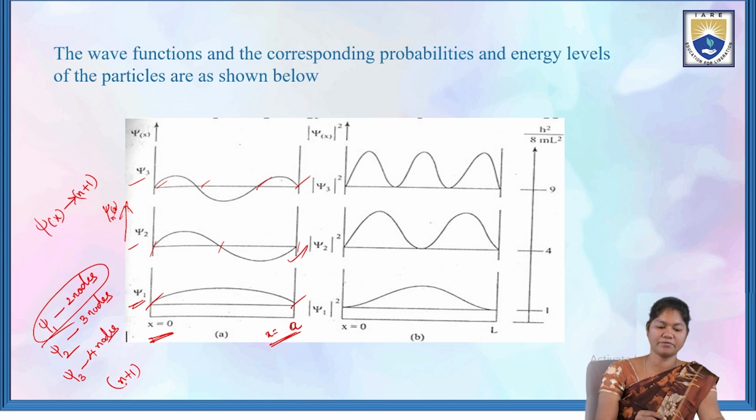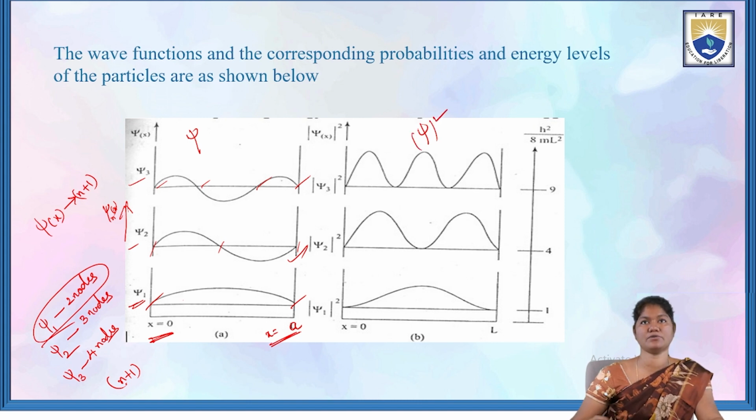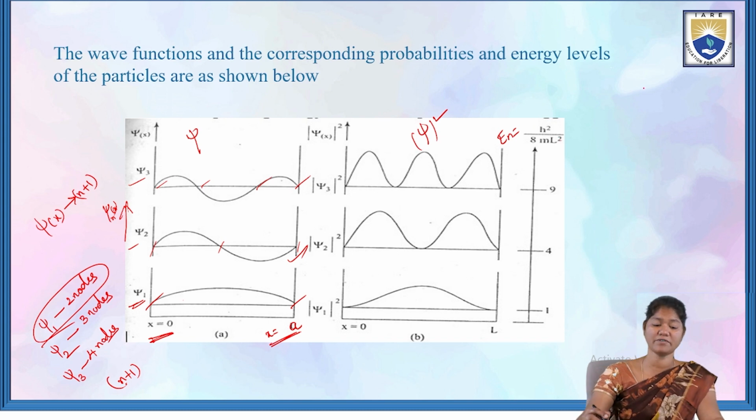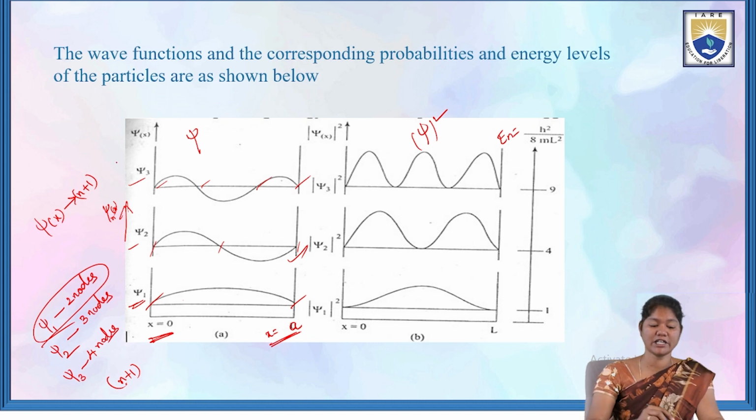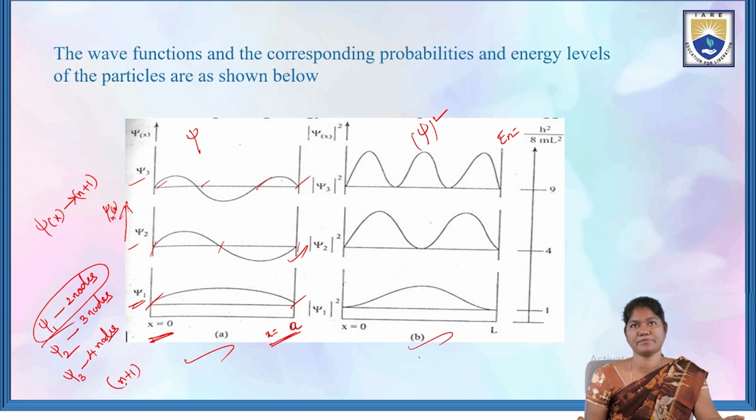So here this is the psi value and this is the modulus psi square function. Here we can see the eigen wave function. So here En is equal to n square h square by 8m a square. The wave functions and the corresponding probabilities and energy levels of the particle are seen in this diagram.